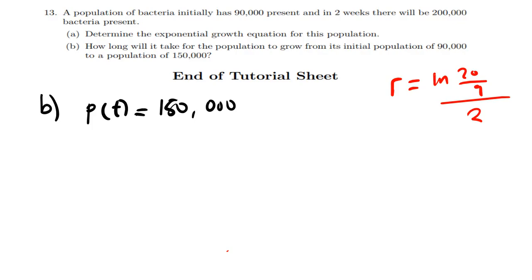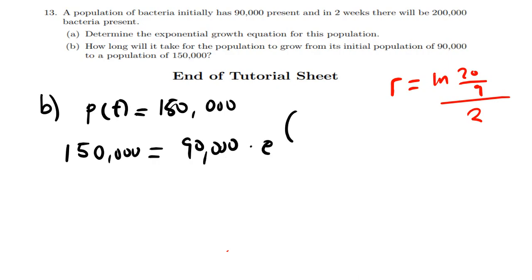So in our equation we're going to have 150,000 as our P(t) equal to your P initial, 90,000, the one that we started with, multiplied by the exponential. We've already found r to be natural log of 20 over 9 divided by 2. Then we're finding time. So I can divide by 90,000 on both sides.